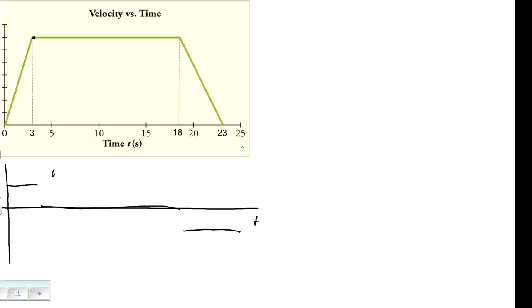Well, acceleration here should be equal to delta v over delta t, 7 minus 0 over 3, 7/3. The acceleration here should be equal to, again, delta v over delta t, 0 minus 7 over 23 minus 18, negative 7/5.